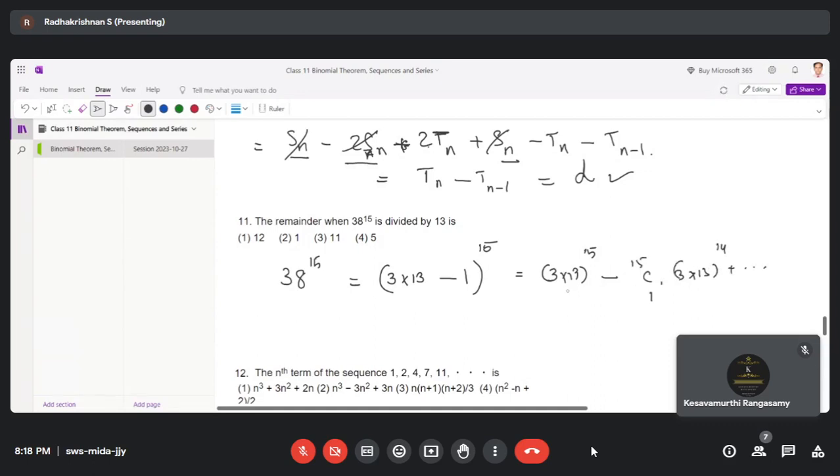So every term is going to have this 13 except the last term, which will be minus 1. That is the only term that will not have a 13 in it. So if you divide by 13, all of them will get divided. So only this minus 1 will be the remainder. So the remainder is minus 1.